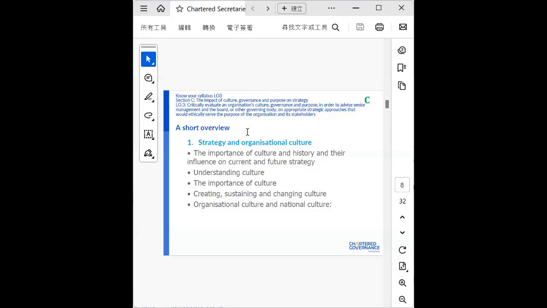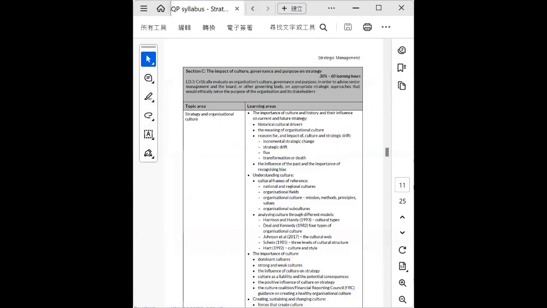When we look at the cultural influences, we have to look at the historical factors, the historical cultural drivers, the meaning of organization culture, and the impact of strategic drift. We look at some of the models in relation to this culture. So let's take a look in more detail at the organization culture in here.